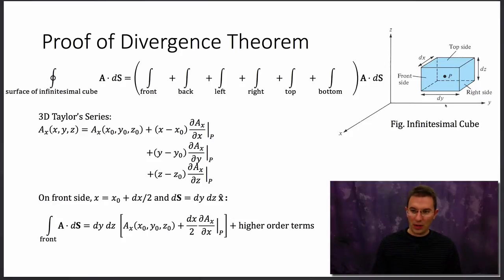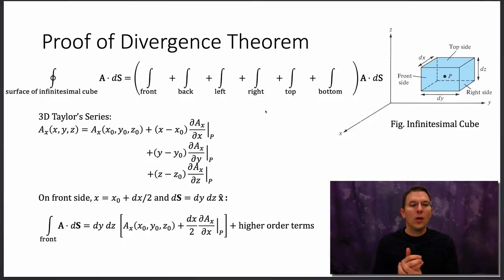And we're going to say our surface S is the 6 sides of this cube, centered on this point P. So the flux of A through this surface S has 6 different terms: the flux through the front side of the cube, the back side, the left side, the right side, the top, and the bottom. If you add those fluxes up, you get the total flux through the surface.